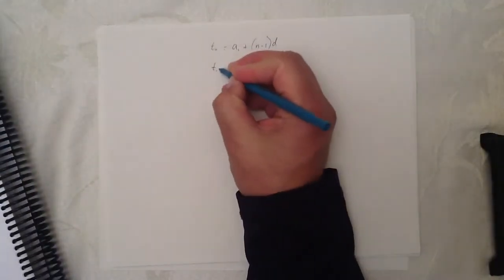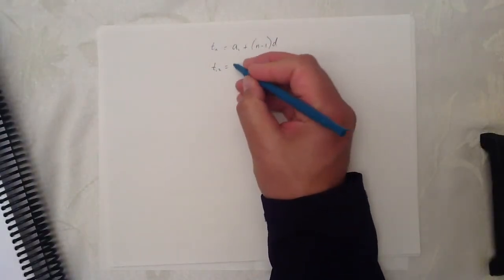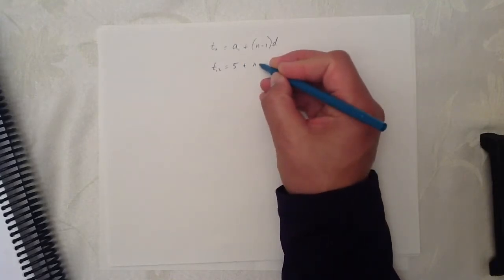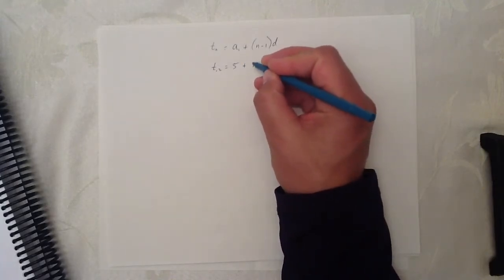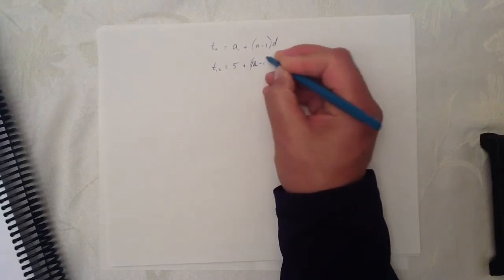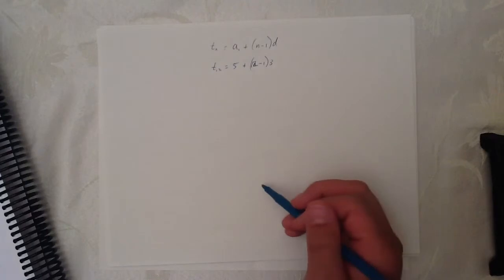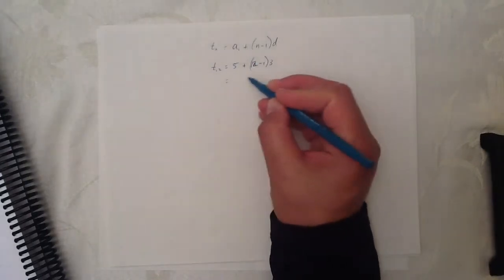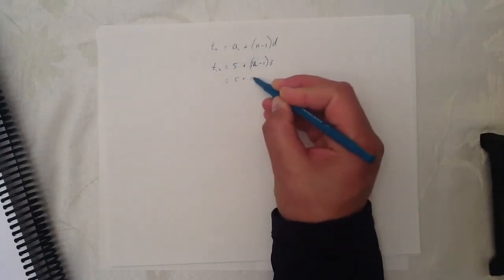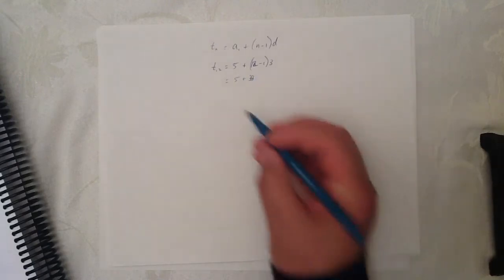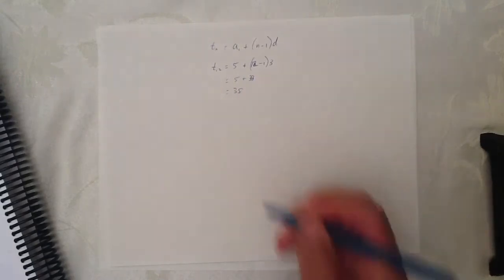Which means t12 equals 5 plus, well, 12th term, so 12 minus 1 times the distance, which is 3. So we can just figure that out. Equals 5 plus 11 times 3. 11 times 3 is 33. And equals 38.